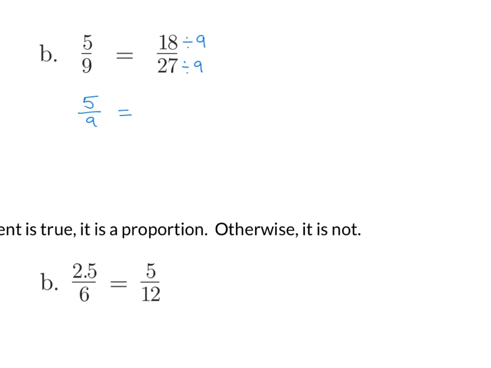And if we divide top and bottom by 9, we get 2 over 3. I'm going to put a slash through my equal sign because these are not actually equal to each other. And so what do we say here? This is not a proportion because these fractions are not equal.